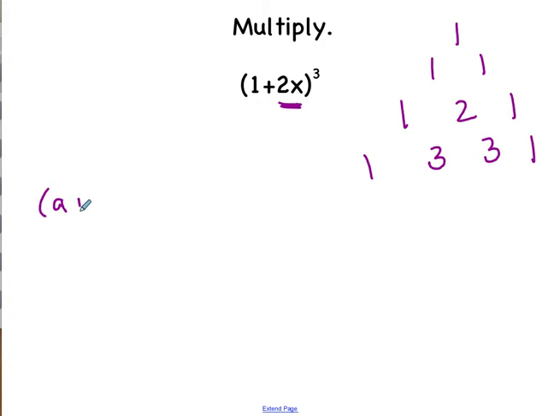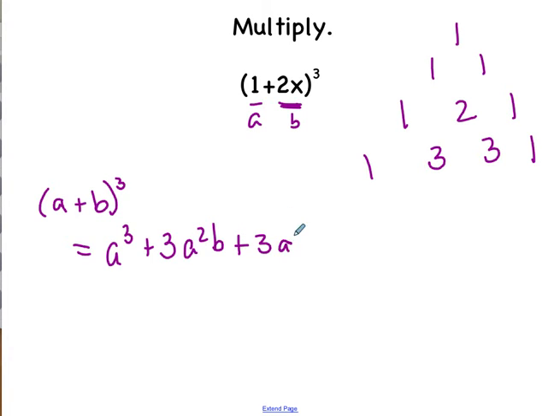So if I imagine that this is a plus b to the 3rd power, where a is 1 and b is 2x, I would expand this using Pascal's triangle. So I'd have a to the 3rd plus 3a squared b plus 3ab squared plus b cubed.